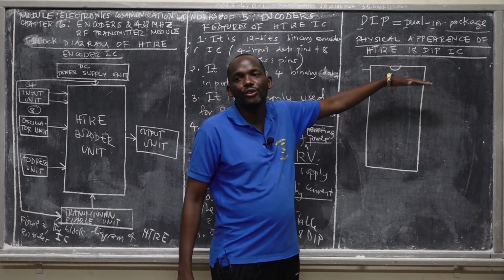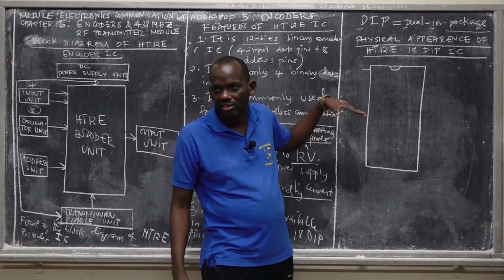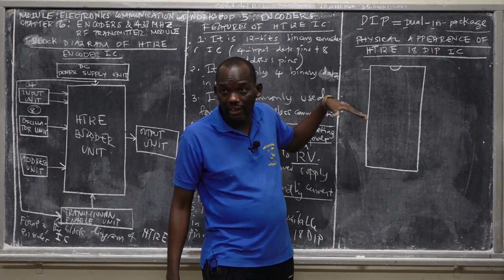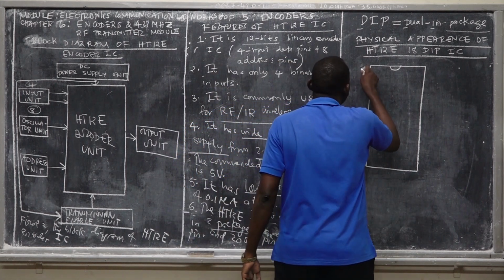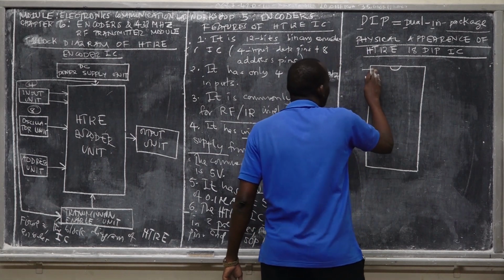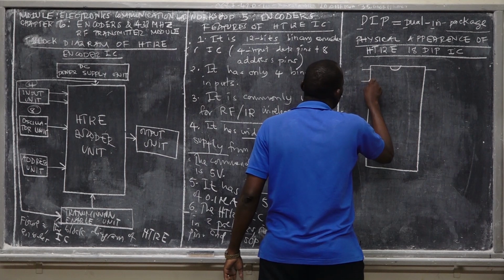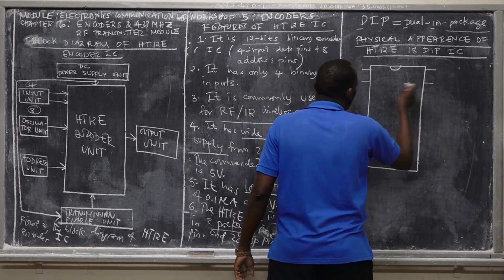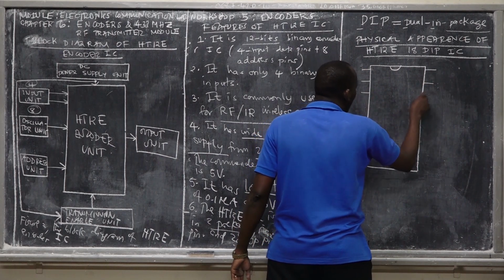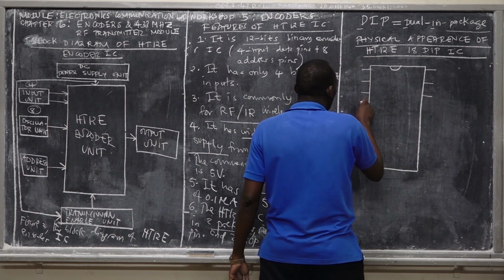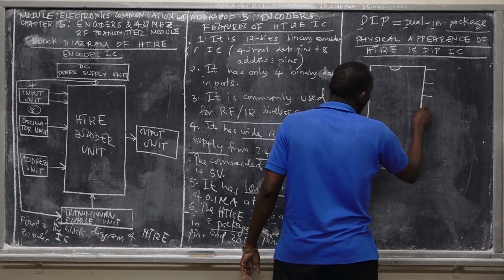So you have to use a ruler to draw these pins. I don't have a ruler, so you might find that they are not aligned on a single straight line.